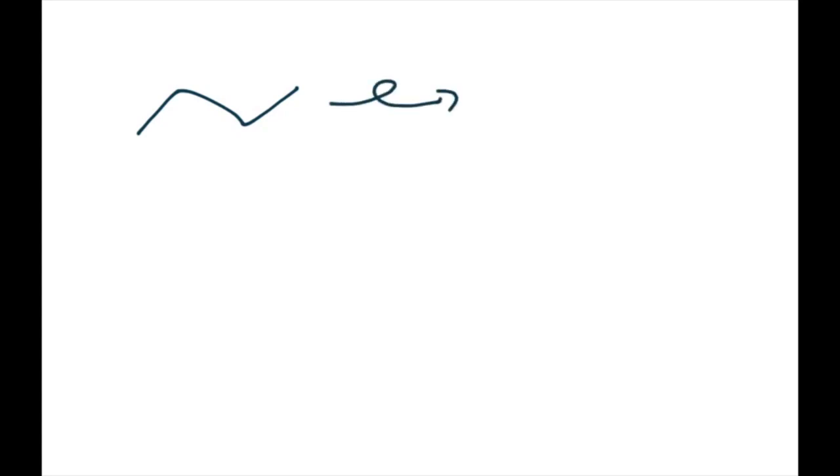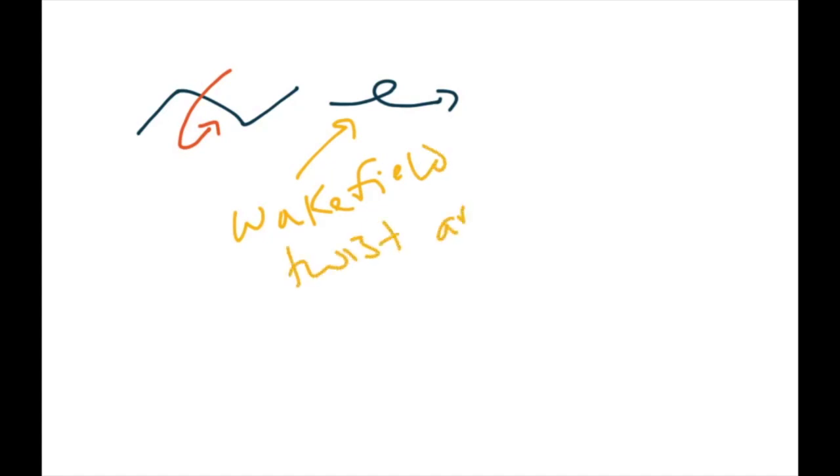Now, if I were to rotate around that, this is the Wakefield twist arrow, patent pending. Whenever I draw a little squiggly arrow, it means I'm trying to show you that something's rotating. So if I rotate around this bond, I can end up where instead of the 2 methyl groups being on opposite sides of each other, they're on the same side.